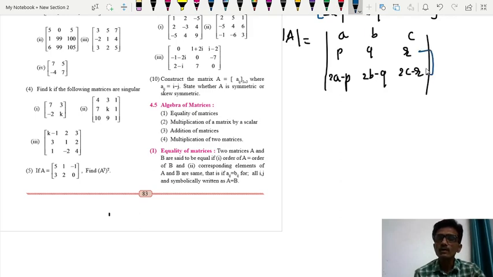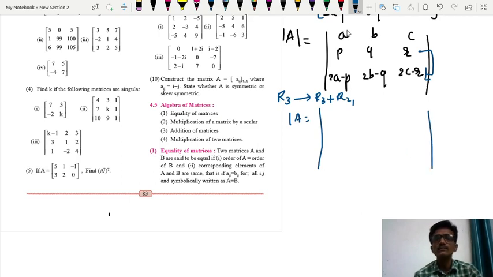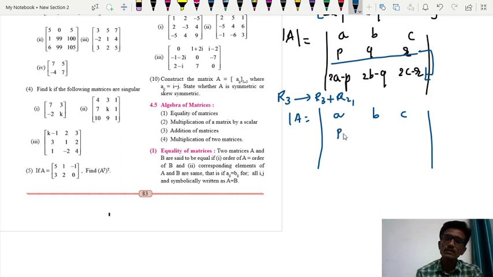this row in the third row, that is, third row is equal to third row plus second row, what will we get? Determinant of A will be equal to, see, in the first row there is no change: A, B, C. In the third row we are adding the elements of the second row, PQR.